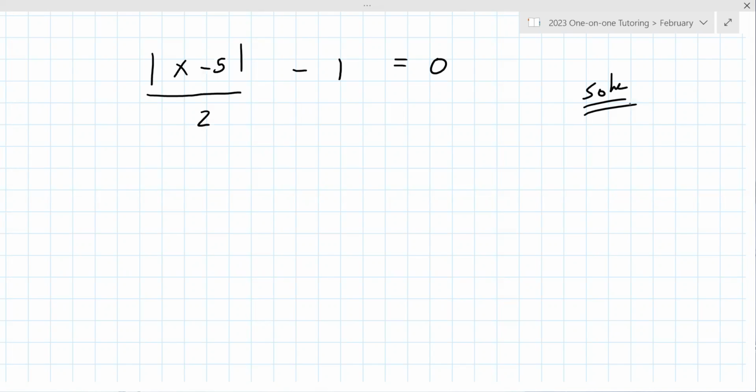My final answer is x equals 6, x equals 4.